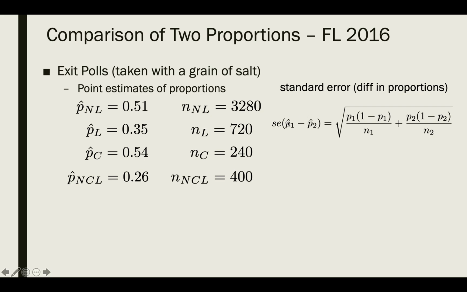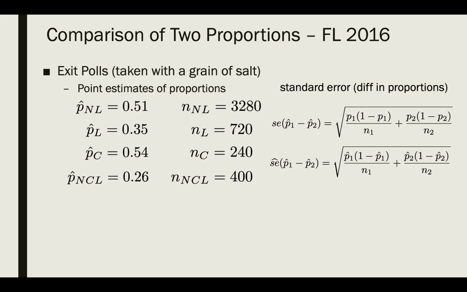So essentially the standard error for this difference in two estimated proportions is the square root of the sum of the variances of those two proportions. And this works because these two should not be correlated. If they were correlated, there'd be an extra term related to the correlation between the two.